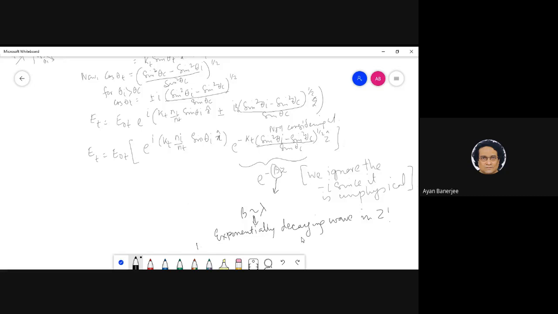Evanescent wave is this decaying thing. So what is the meaning of evanescent? You know what is the meaning of evanescent? Oscillating but does not propagate.